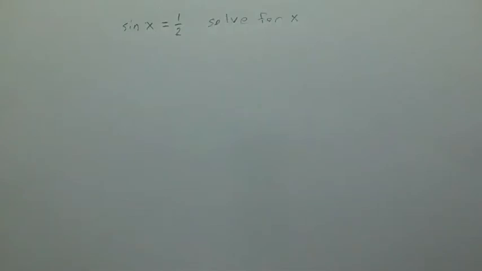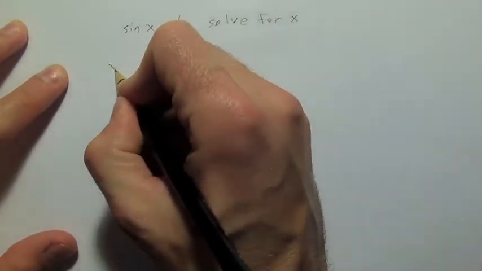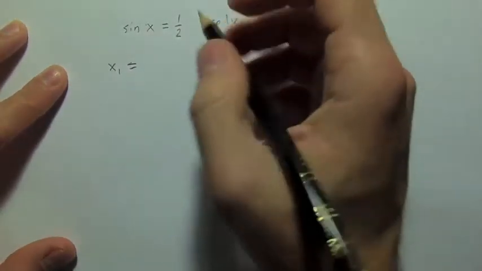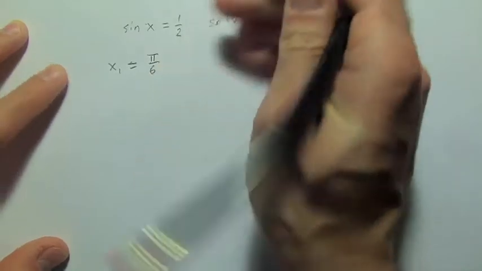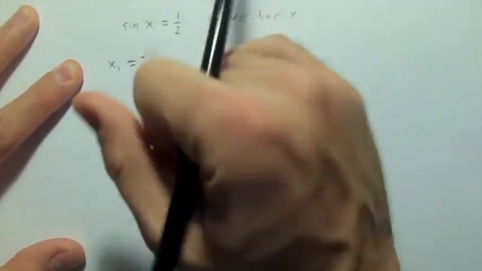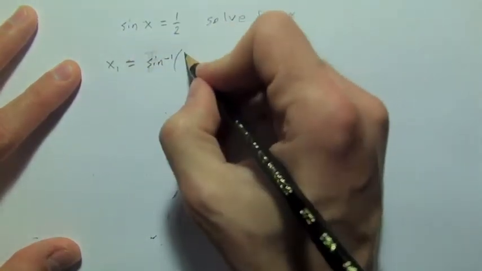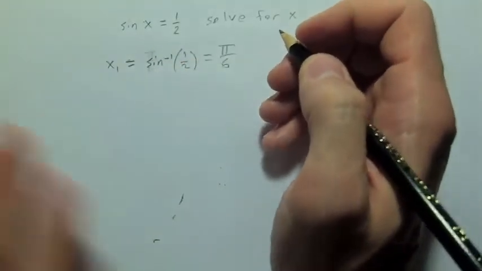What is one angle that causes sine of x to be 1/2? Well, one of them is, and I call this x1 because it's our first solution, pi over 6. That's our inverse. So I should write this as sine inverse of 1/2, which is pi over 6.